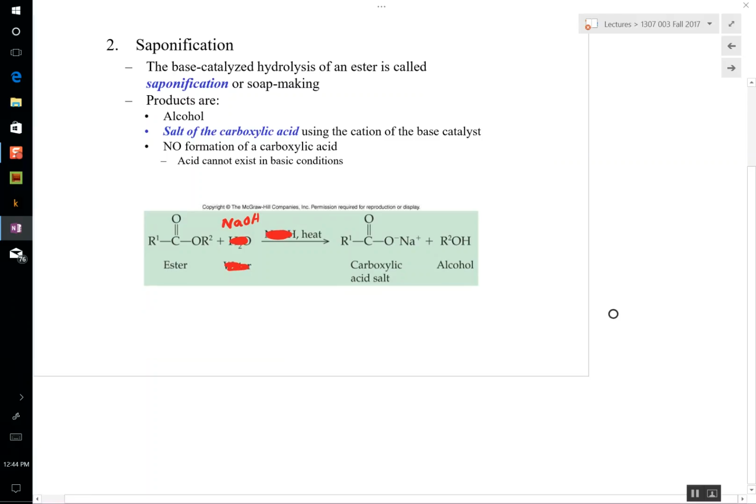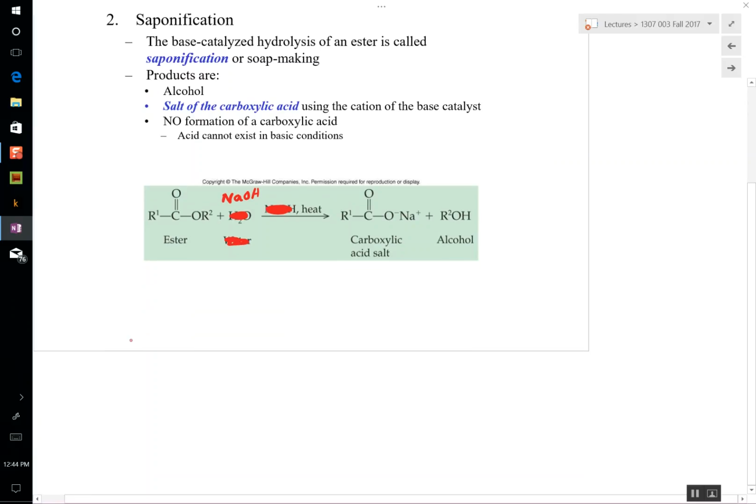If you look at the difference between this and hydrolysis, so here's your saponification, here is your hydrolysis.